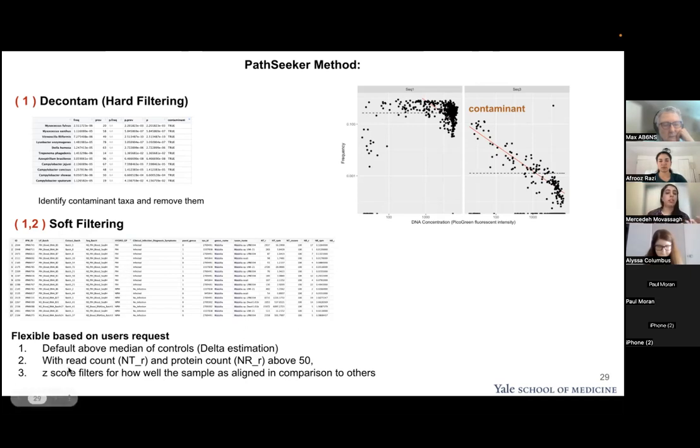And then looking at things like actual read counts of the nucleotides, and if you're parsing it through a protein database, it has a default, but the user can change it. And looking at the z-scores for alignments, because in this sort of data, both 16S and RNA-seq, you get a lot of alignments, but you have to really look at mismatches and score to the best match, basically. And so you can use that and do filtering on that.